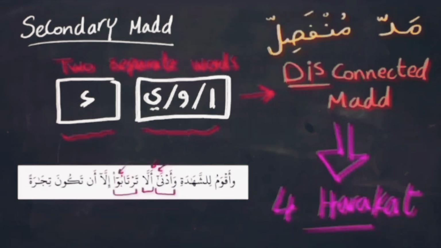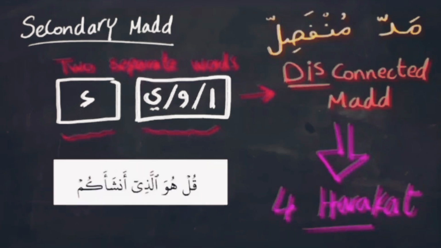And of course, if you watched my previous video, you will understand that the alif at the end of tartabu is not there because it has this sign above it. So the next letter that you will see is hamza, and that is the first letter of illa. And illa ends with alif, and the first following letter in the next word is hamza in the word anna. So that's why all of these are disconnected.